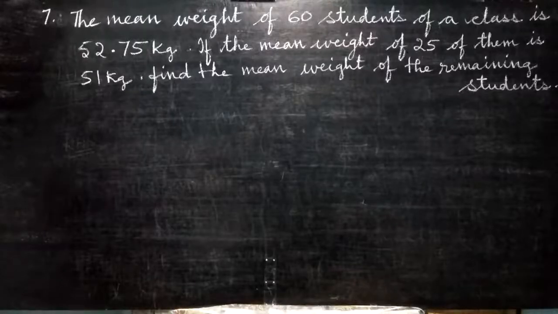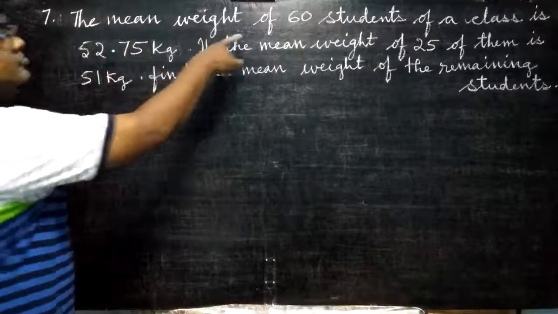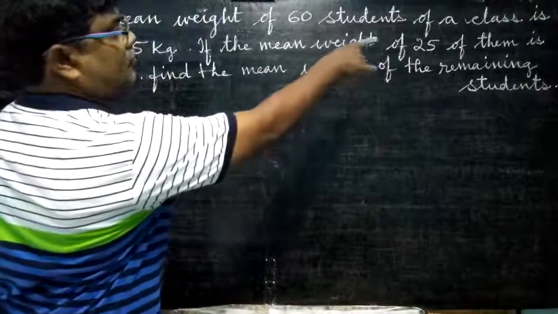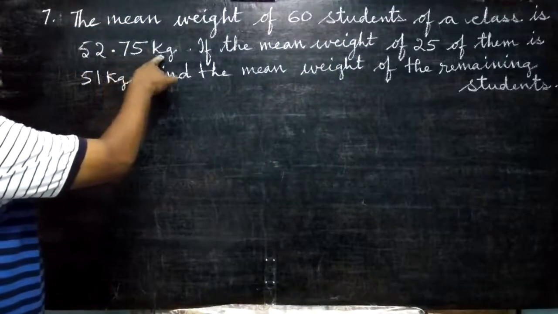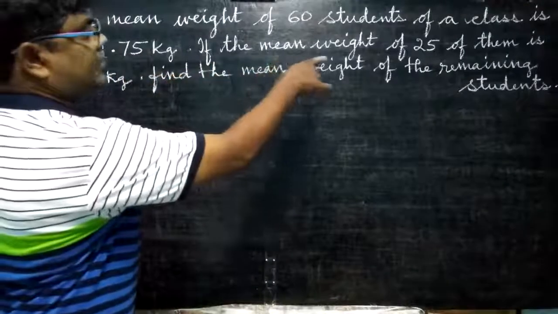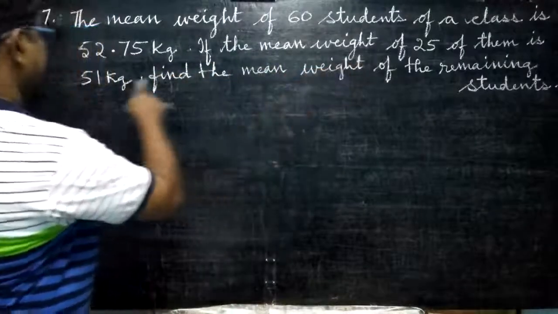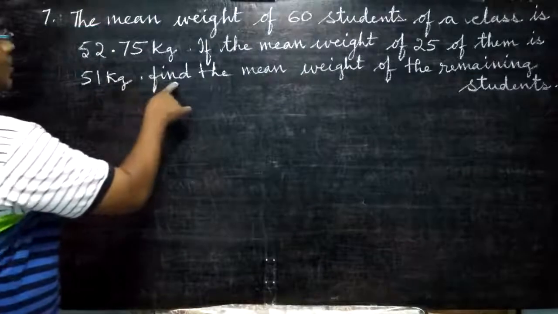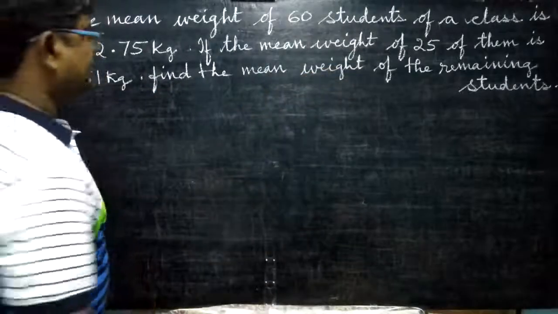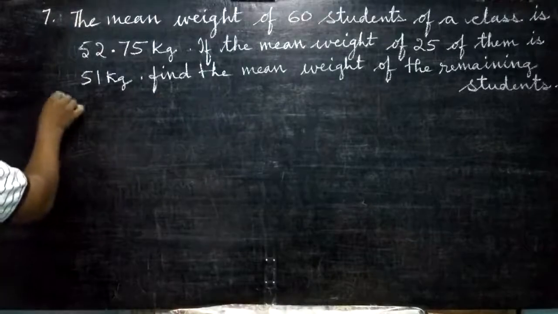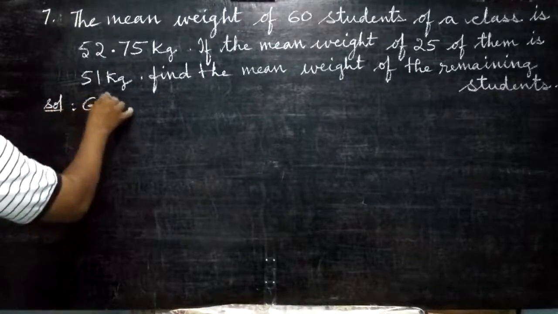Seventh problem. The mean weight of 60 students of a class is 52.75 kgs. If the mean weight of 25 of them is 51 kgs, find the mean weight of the remaining students. Solution. What is given?